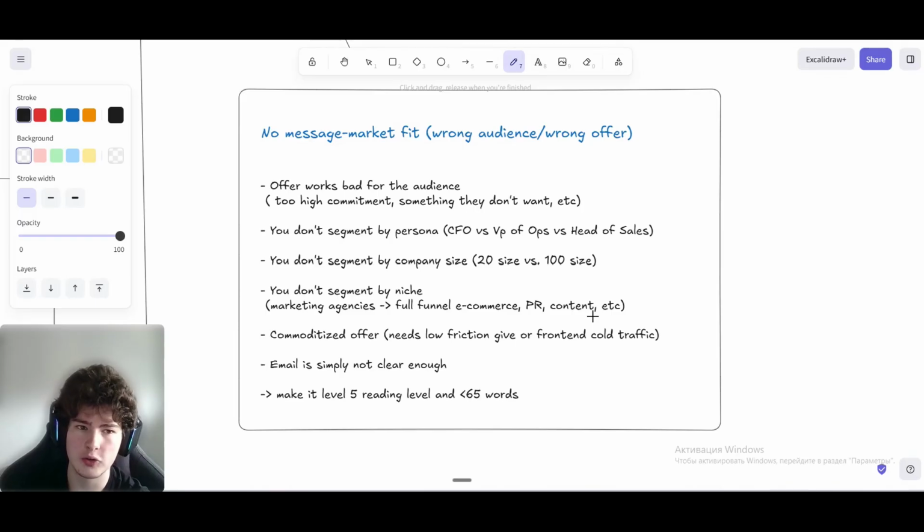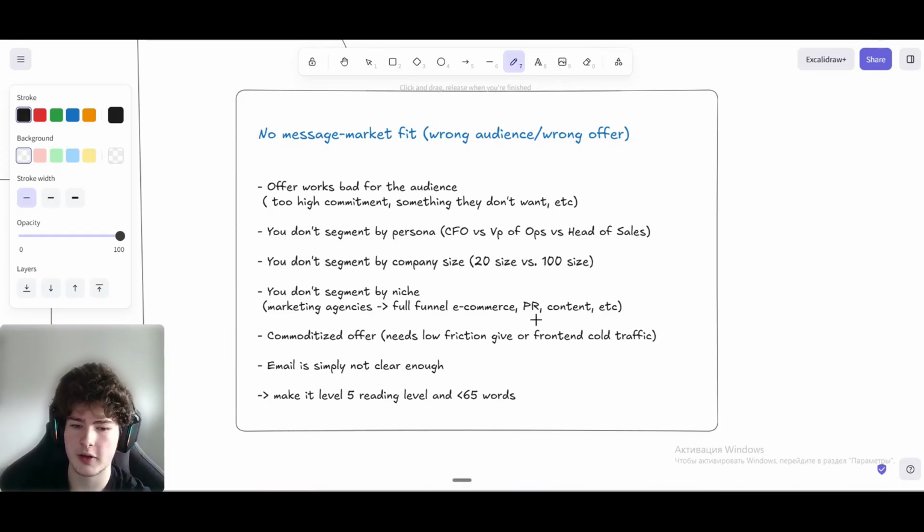The hook probably would be different. Something else might be different as well. You might want to change the case study, the social proof, because, for example, if you drop a famous PR company, for PR agencies it's going to be relevant, but YouTube short form agencies are not going to even recognize who that is, you know what I mean?